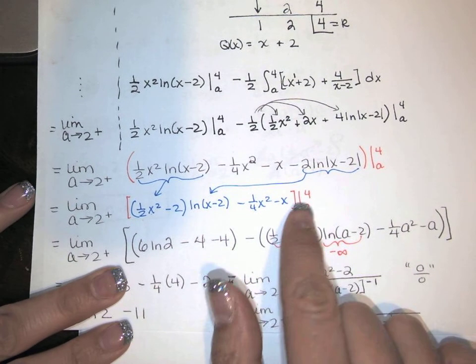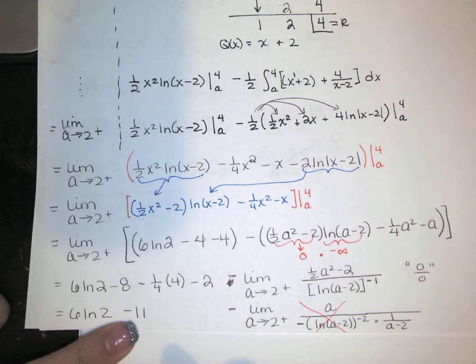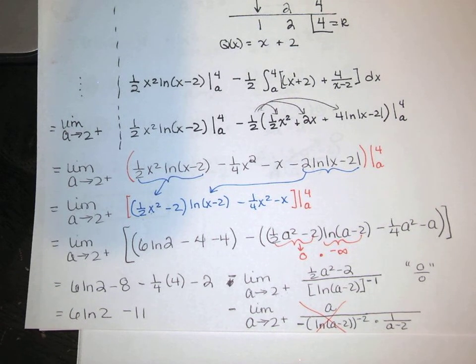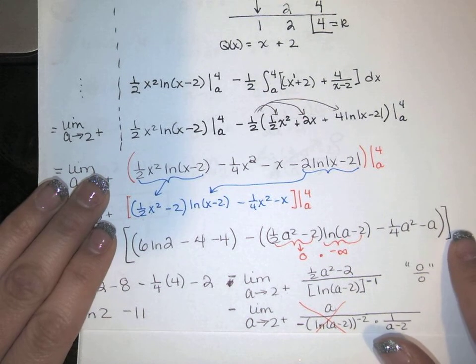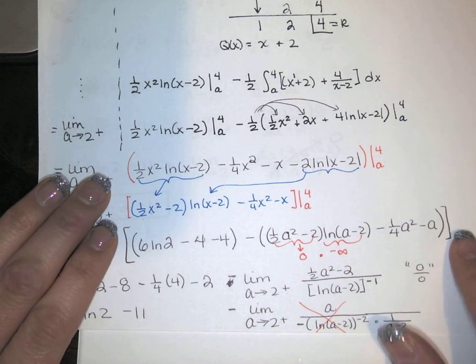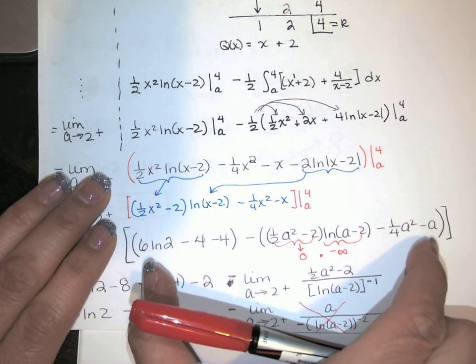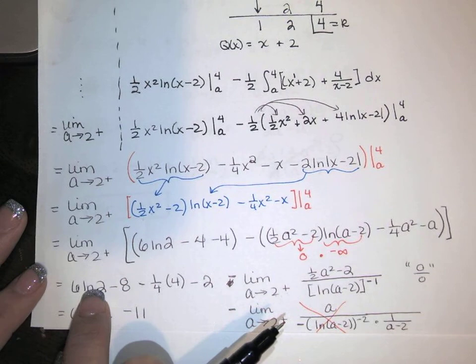So we plug in 4, we plug in a, and we subtract. Okay, so we're there. We have written the integral as a limit and then evaluated the proper integral to find the area as a function of a. And now we're at the step where we say, okay, what happens to this area as a approaches 2 from the right?